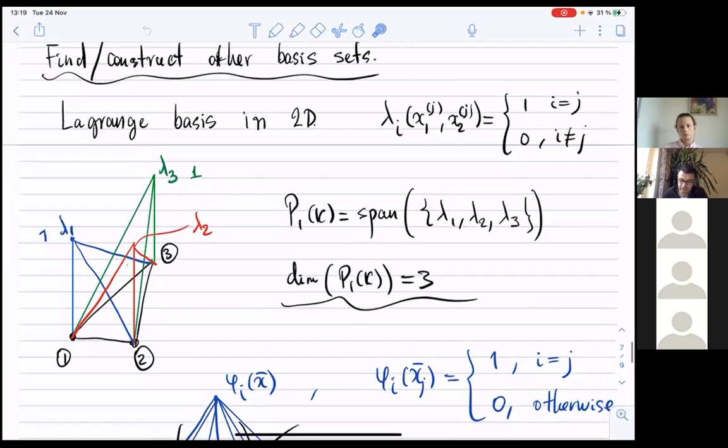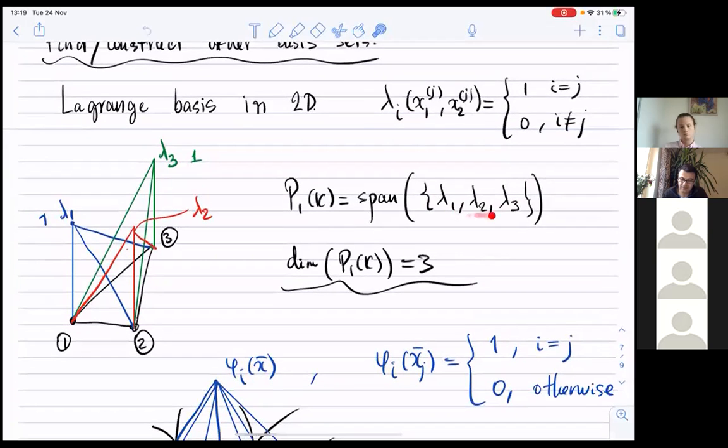One can show that these 3 basis functions span the space of all linear functions inside this triangle. Since we have 3 basis functions, we can also show that they are linearly independent. Then we say that the dimension of this linear space is 3 in this case.